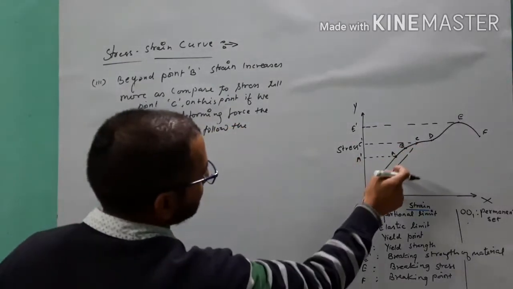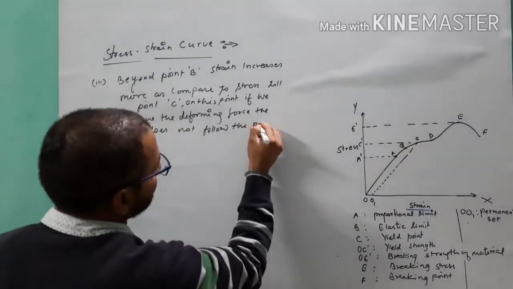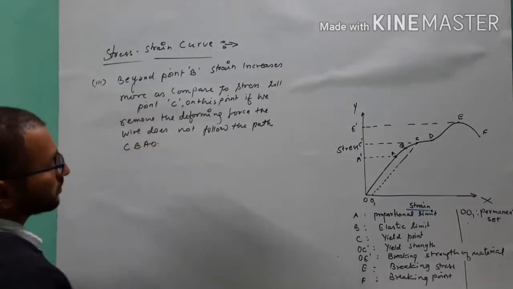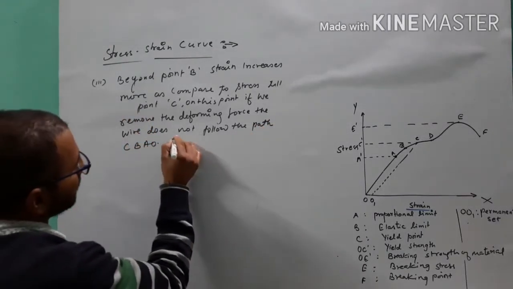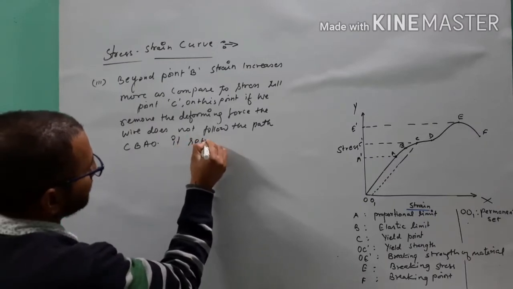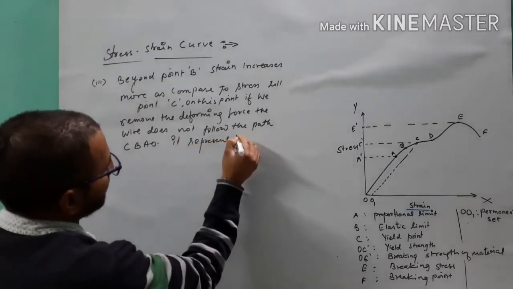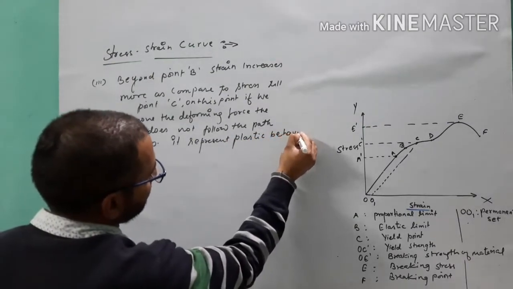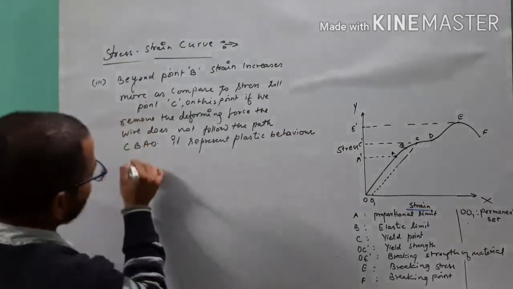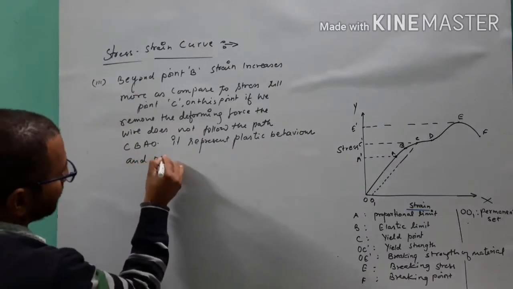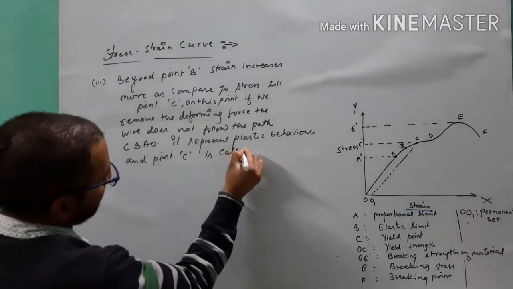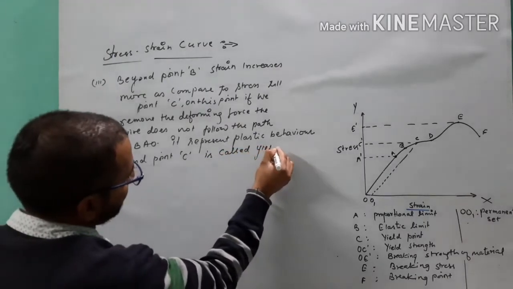You can see the path CBAO. So here it represents plastic behavior, and point C is called the yield point.